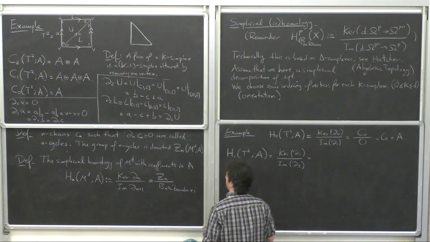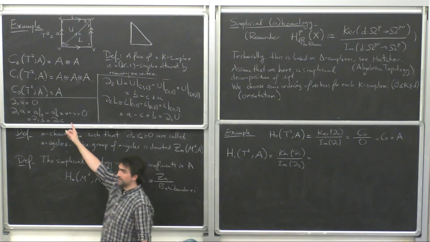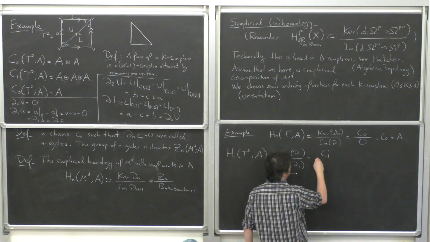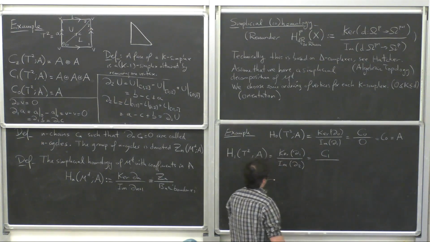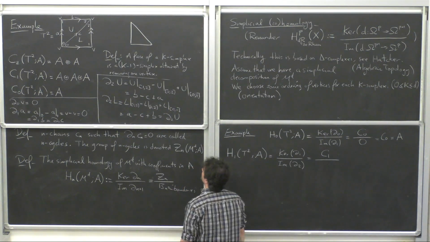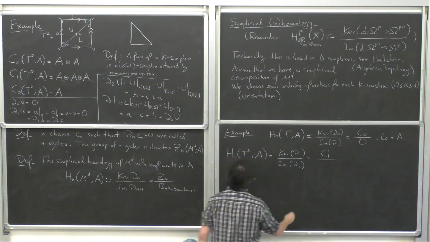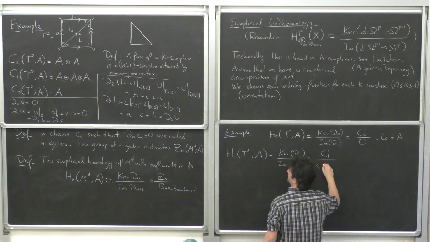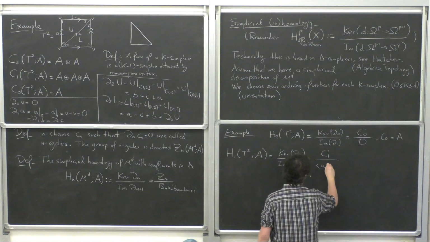Okay, so what's the kernel of D1? Well, because D1 is identically 0, it's all of C1. And what's the image of D2? So it's constructed here. It is the subgroup generated by A plus B minus C.